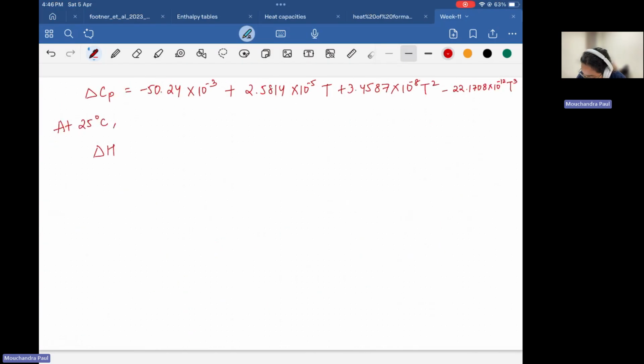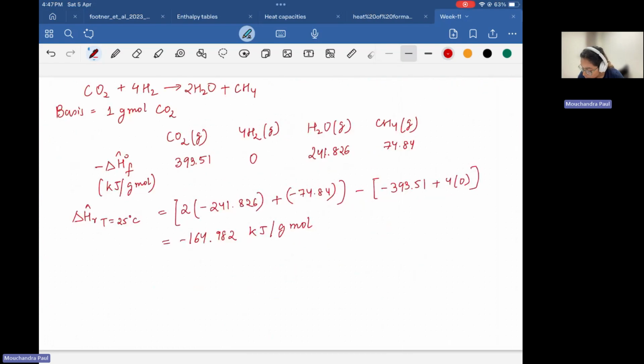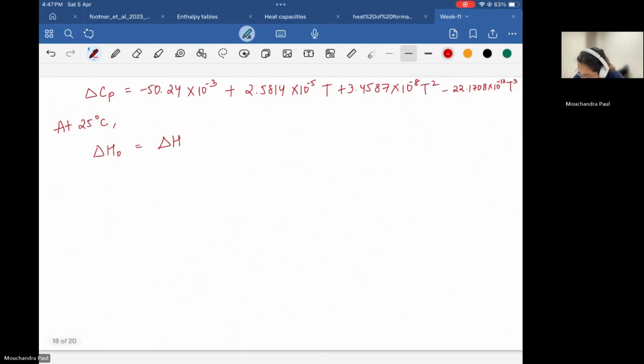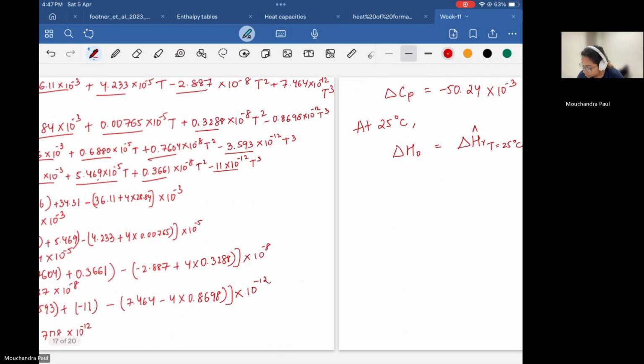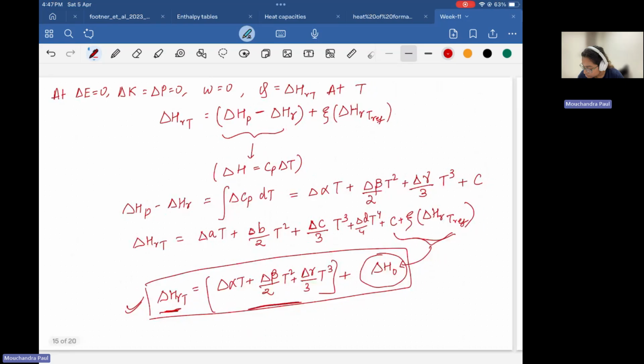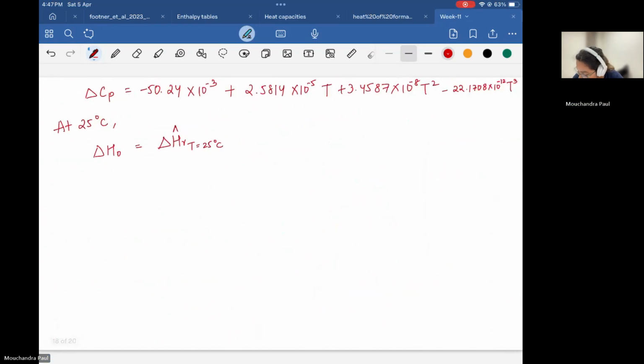So delta H naught is basically the heat of the reaction at 25 degrees Celsius minus these terms: delta A T minus delta B T squared by 2 minus delta C T cube by 3 minus delta D T to the power 4 by 4. Okay.